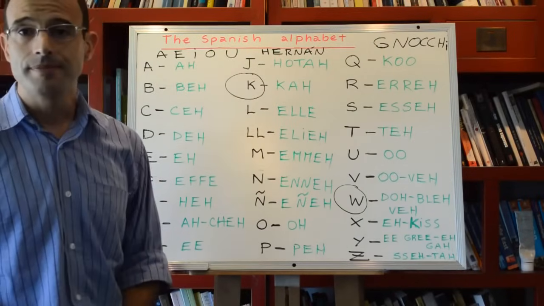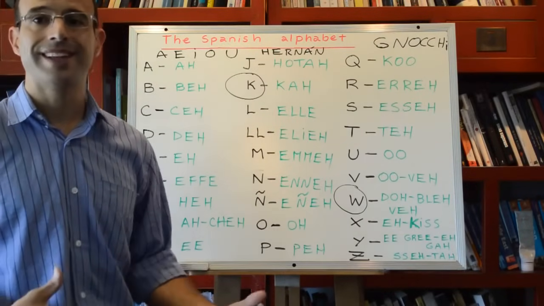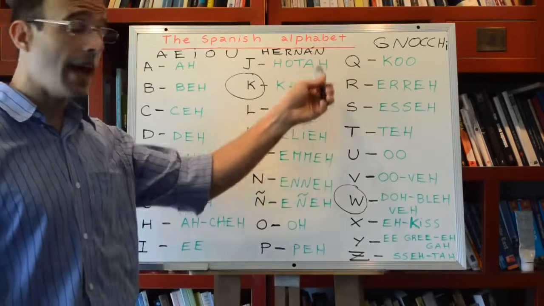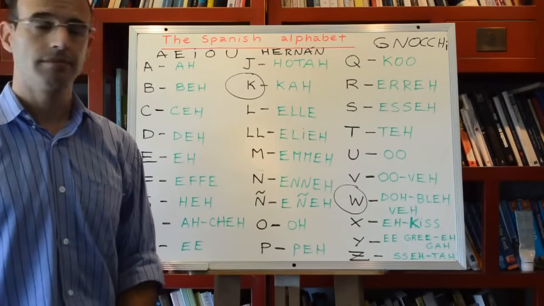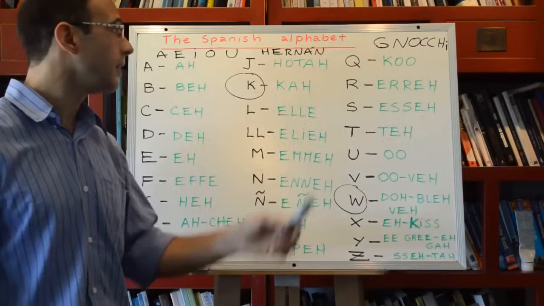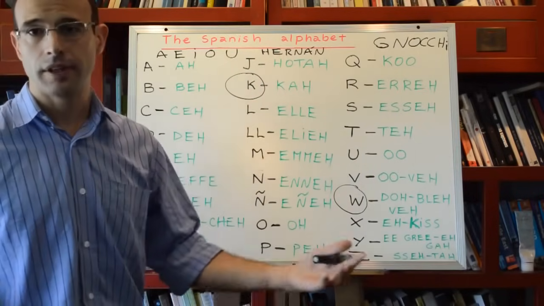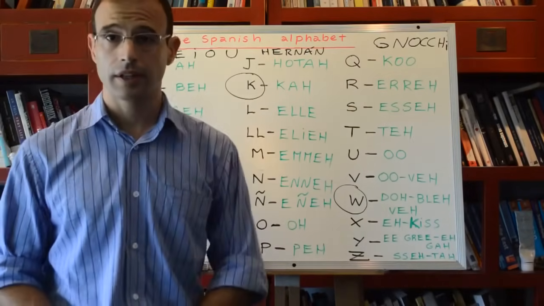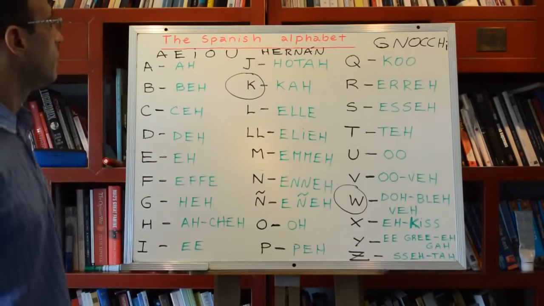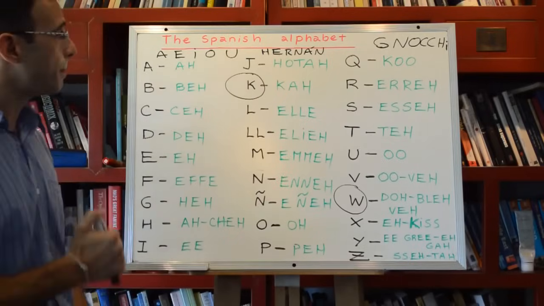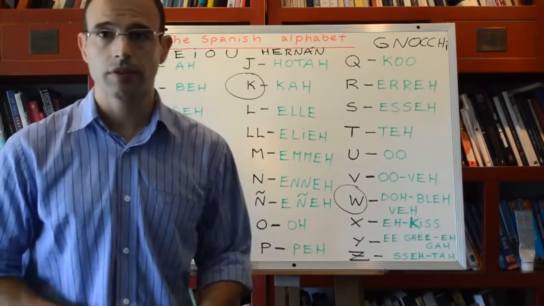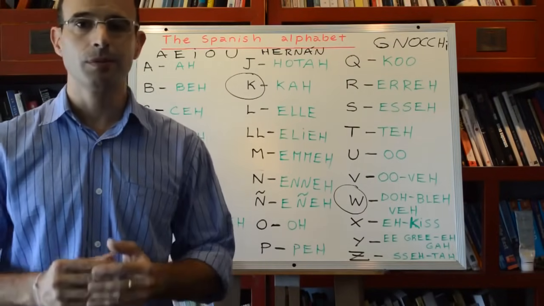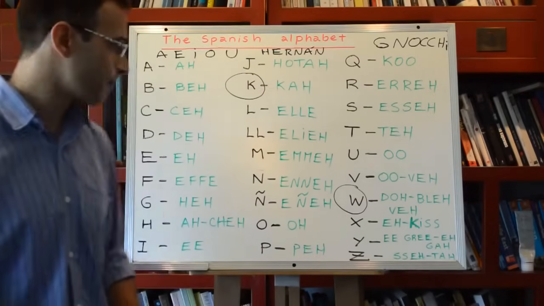The letter E is flat, "eh." The letter A is flat, "ah." Hernán. The N is the typical N, and the R, I'll talk about the R in a minute, okay? So, Hernán. Keep in mind, try to pronounce all vowels super, super flat in Spanish.